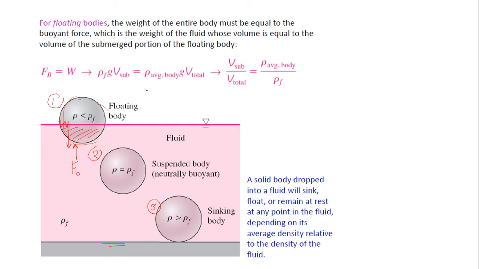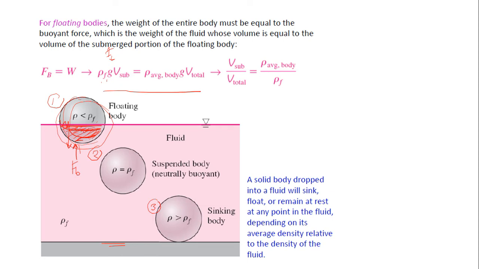So you have this equation: the rho of the fluid times g times the volume of the submerged portion is equal to the average rho of the body times g times the total volume of this object.